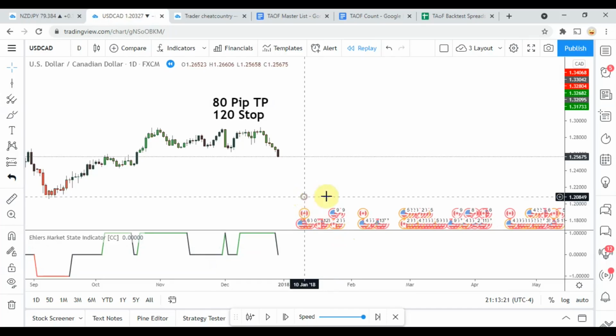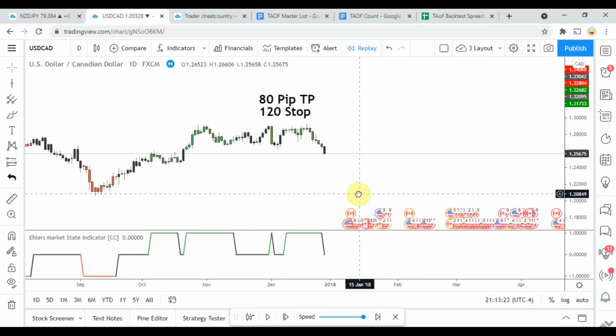Okay, so today's indicator is Ehlers Market State Indicator. Over the next few videos, I might not do it consecutively, but there is a rather lengthy list of Ehlers indicators that was created by, I believe, Cheat Country is the user on Tradingview.